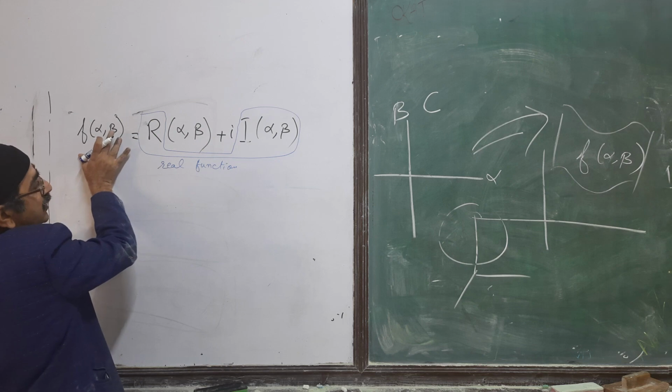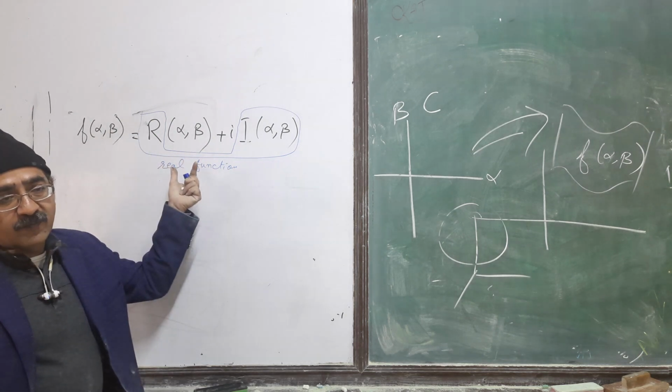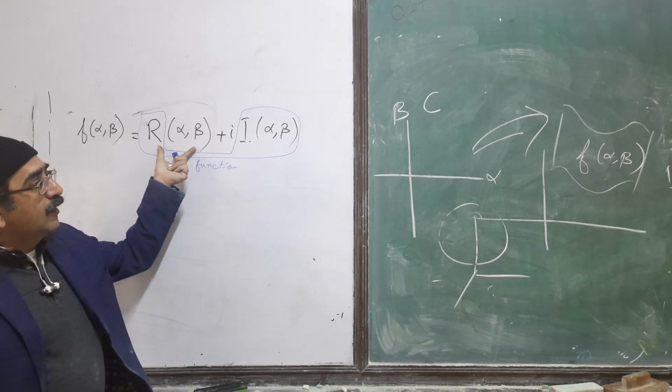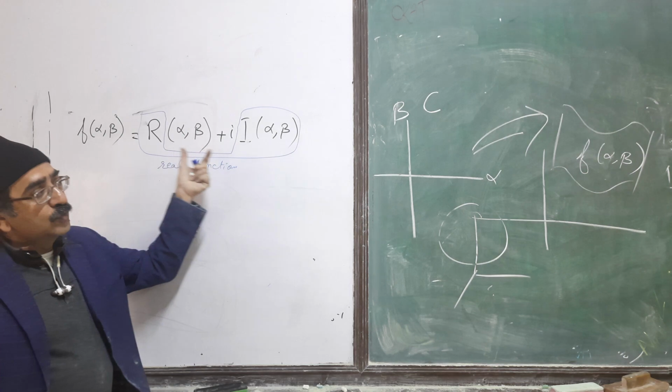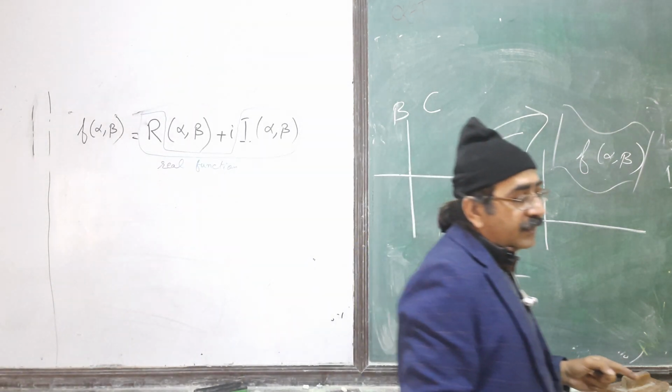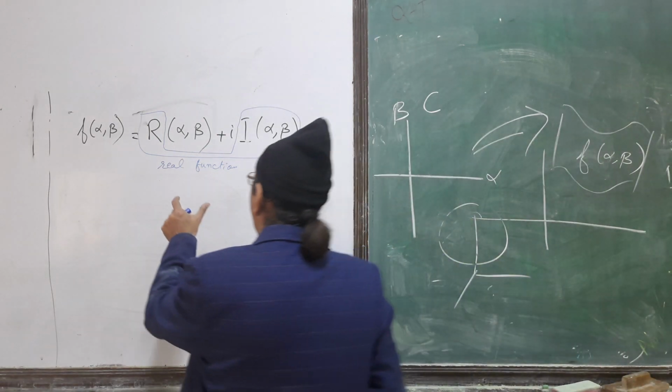The complex function has two parts, one along the real, so there are 4 variables. That's why I am saying that the surface in complex numbers will be a 4-dimensional surface. Why? Because it has 4 parts.